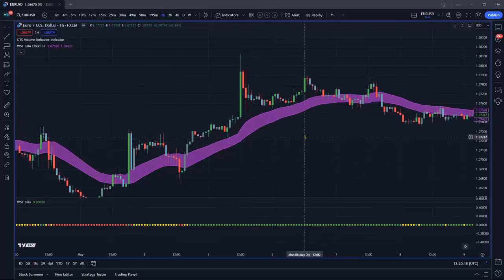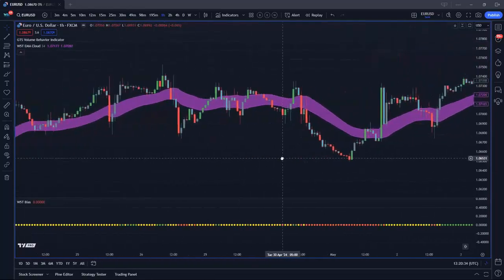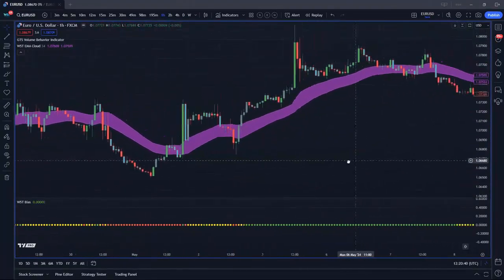A red candle is a distribution candle, so it has more volume than the previous candle, and more sellers. Grey is an up candle, but it has less volume than the previous candle, so it has less momentum. And then a cyan candle is a down candle where we have less volume. Again, look at those videos and they explain it more.